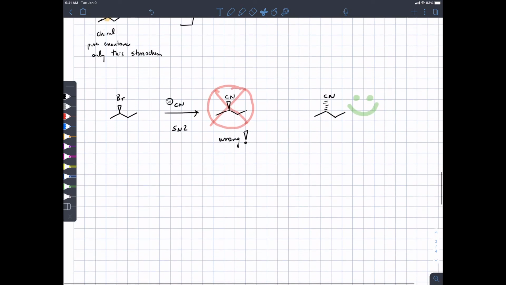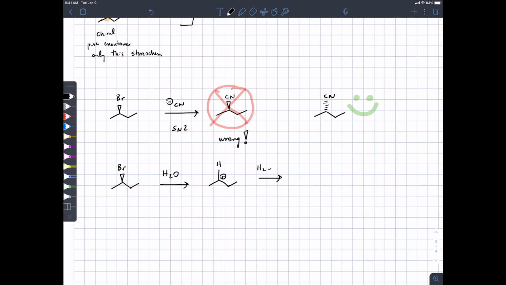Now, I will show you the consequence of an Sn1 reaction on this same molecule. We're going to use a secondary alkyl halide, and then we're going to use something that is just a weak nucleophile. In this situation, the barrier to Sn2 is too high, and so the weak nucleophile has to sit around and wait until we go through a planar carbocationic intermediate.